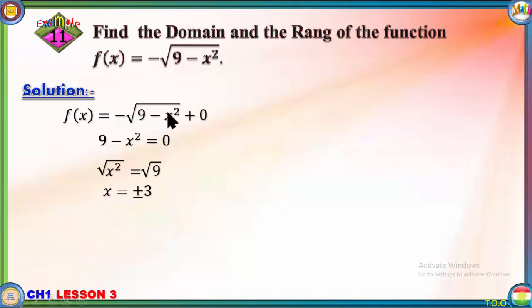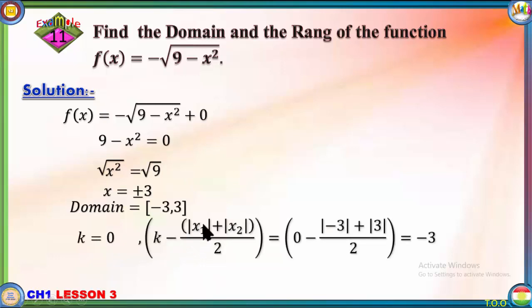Because the leading coefficient is negative, therefore the domain is the closed interval from minus 3 to 3. And because we have the minus square root, find k is 0 and find k minus (absolute value x1 plus absolute value x2) over 2.